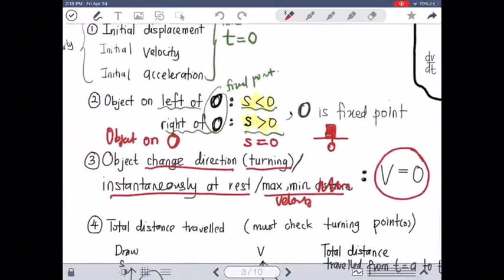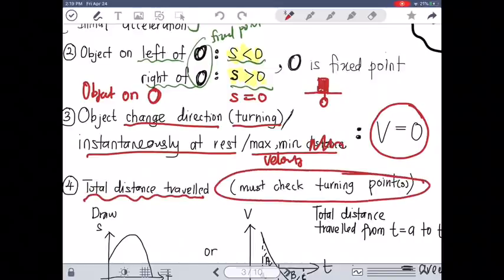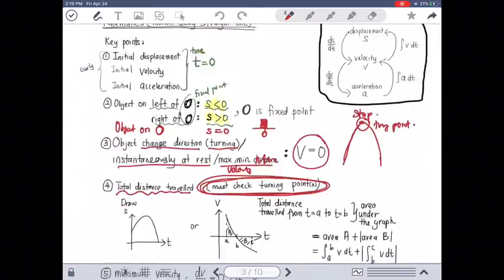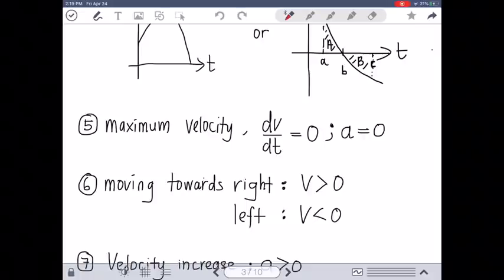And then total distance traveled. I'm going to talk about this later, but when we deal with total distance traveled, first we must check if there are any turning points or not. And maximum velocity.